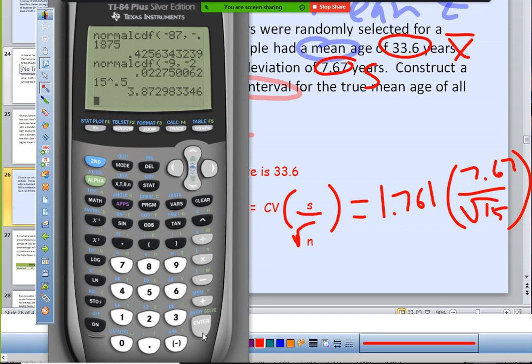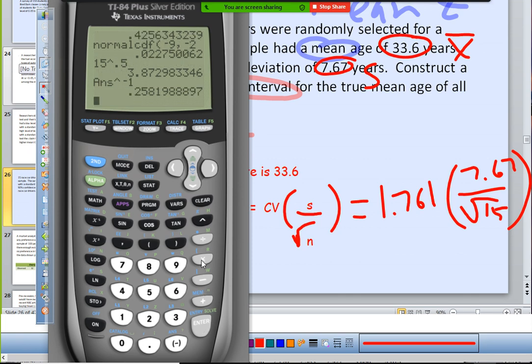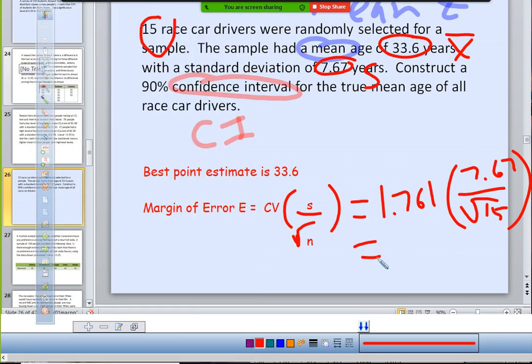Okay, so I'm going to do this, raised to the negative 1 power, times 7.67 times 1.761, and we'll get 3.487. So the last part is my confidence interval.